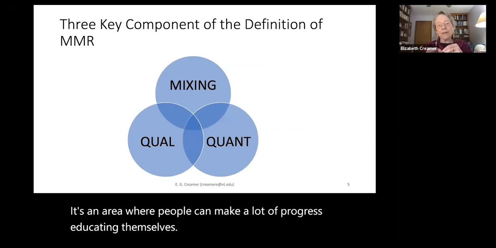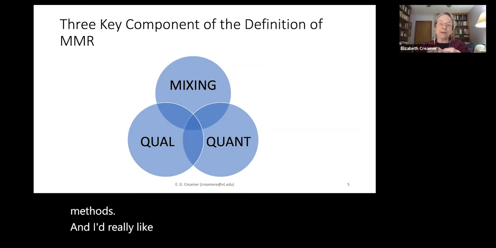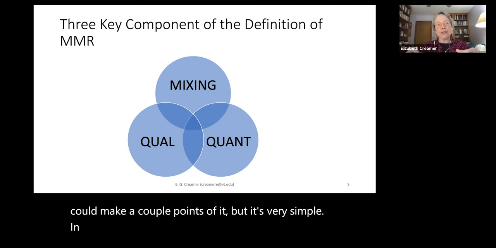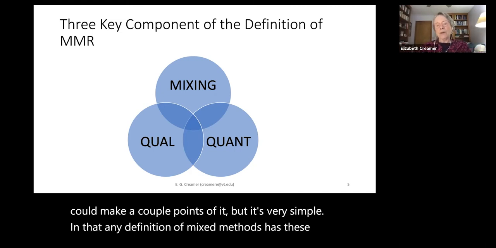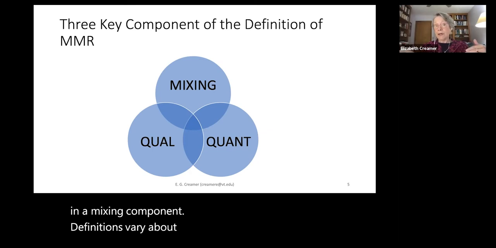So let's look at the question of a definition of mixed methods. I'd really like to manipulate this figure because I could make a couple of points with it, but it's very simple in that any definition of mixed methods has these three components: a qual component, a quant component, and a mixing component. Definitions vary about the other things they emphasize, but this is at the core.